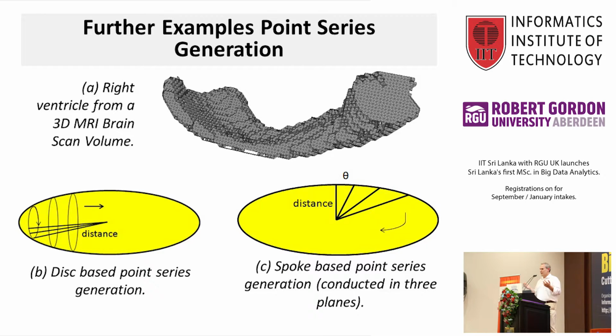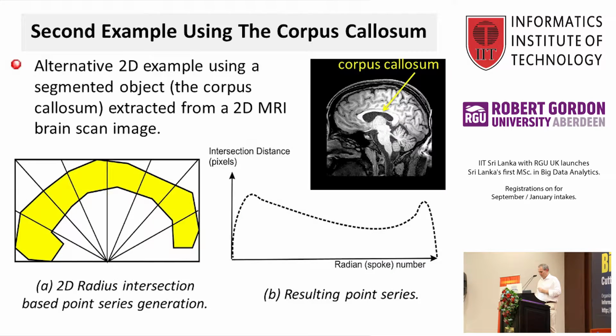Here we have some other techniques. This is a ventricle extracted out of an MRI, 3D MRI brain scan, and we've used a disk-based technique and a spoke-based technique to trace round the edges and to produce point series, which we can then represent as curves. Here we have another example with the corpus callosum.